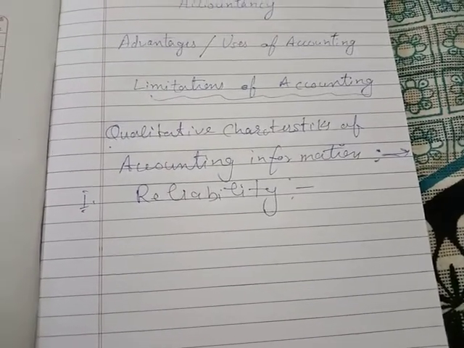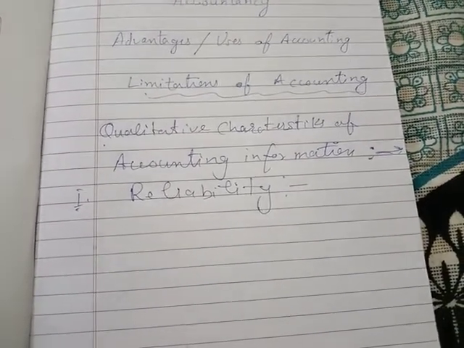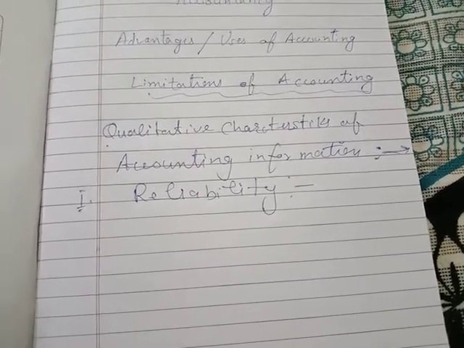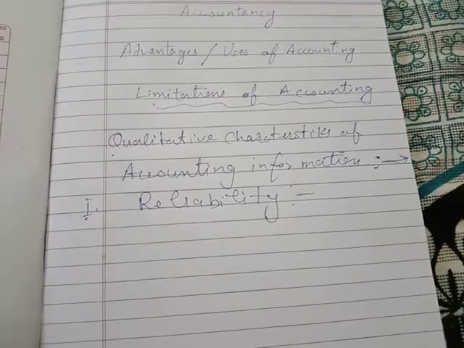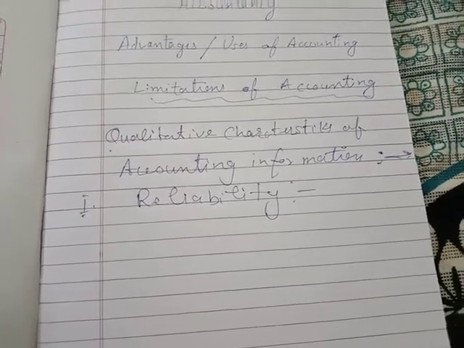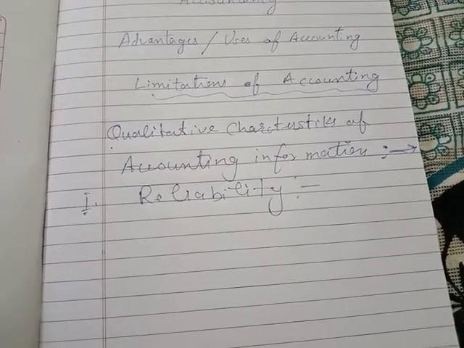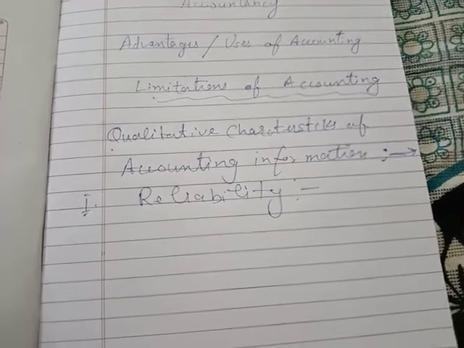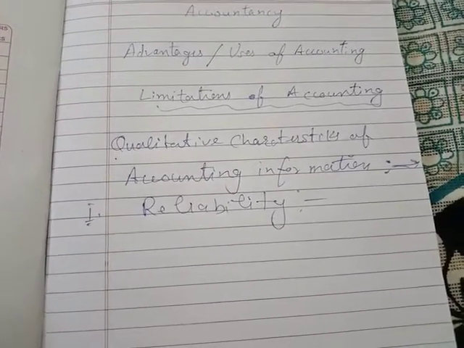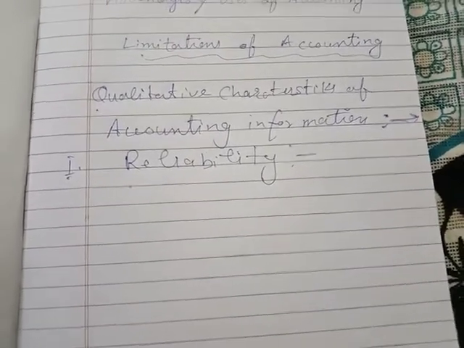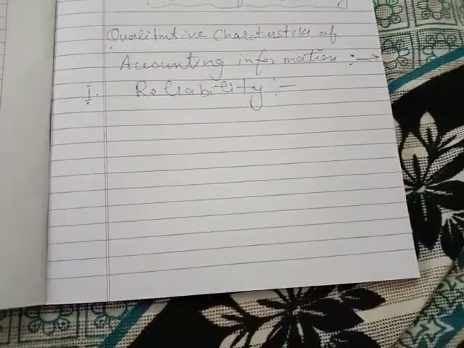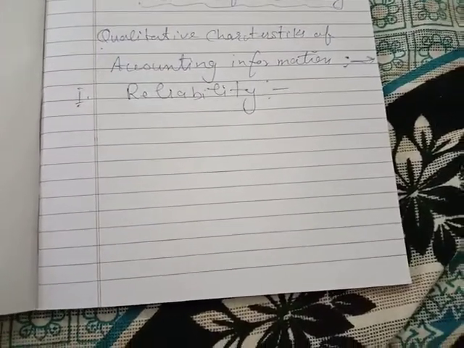But if the source documents are not available, the accounting information disclosed by profit and loss and balance sheet will not be capable of being verified and would imply that it cannot be relied on. It means for reliability every transaction must have some evidence to be verified.